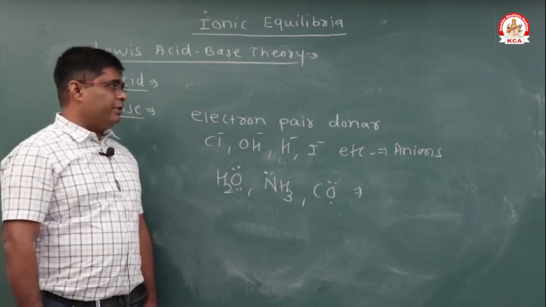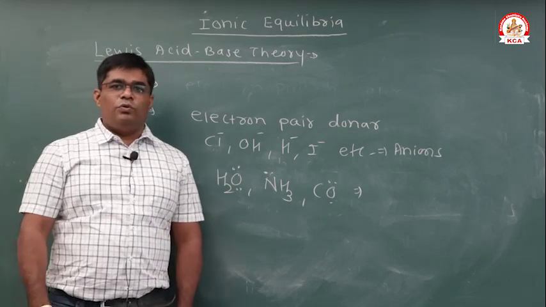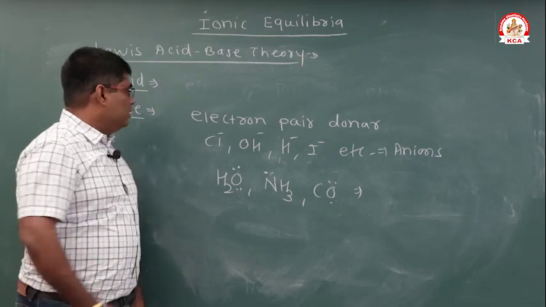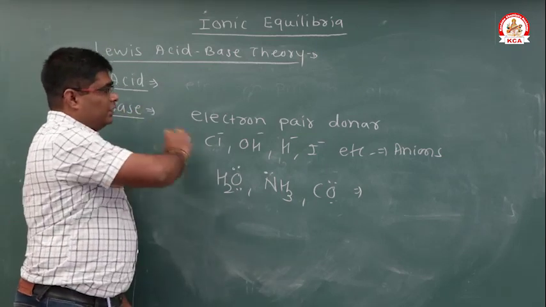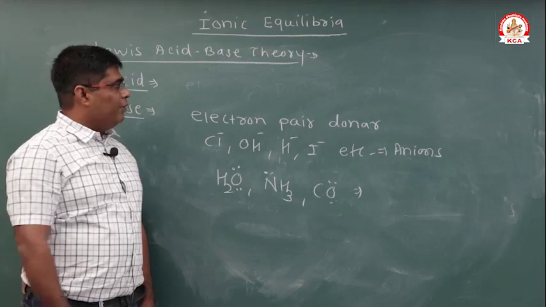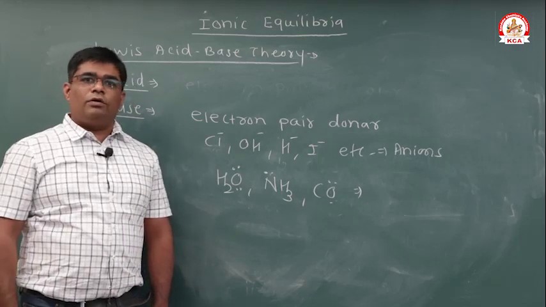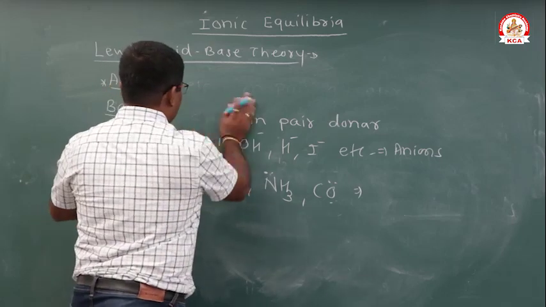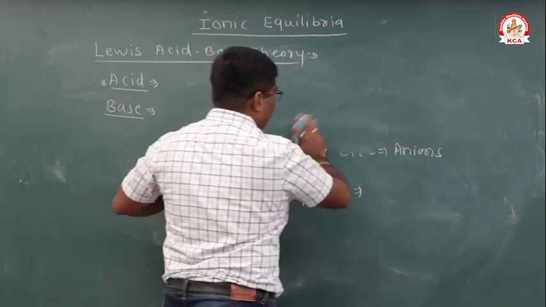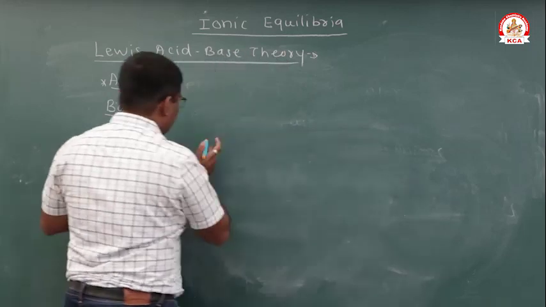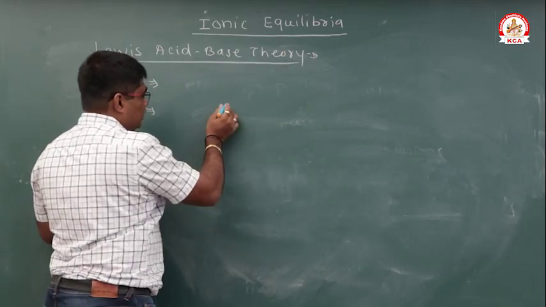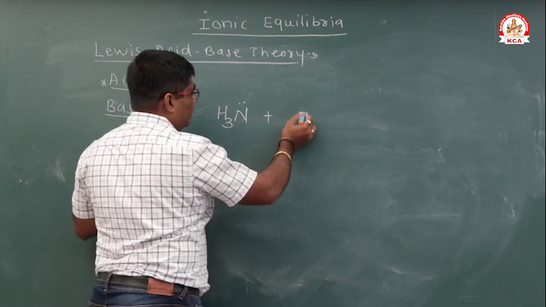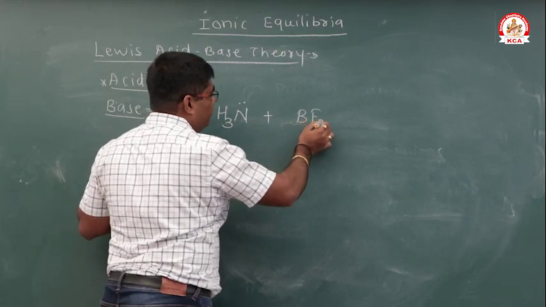सो व्हाट आर द लेविस बेसेस? The substances which have the ability to donate the electron pairs are called Lewis bases, and the substances having the ability to accept the electron pair are called Lewis acids. And then as we consider BF3 and NH3, this is NH3 ammonia, then this is BF3.